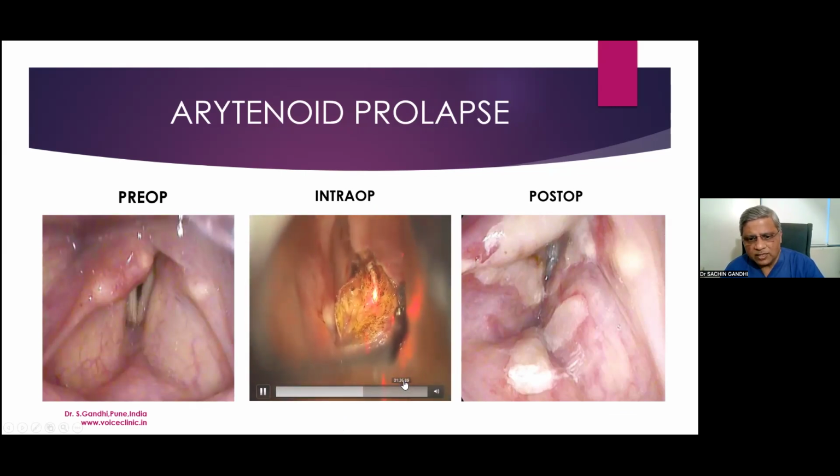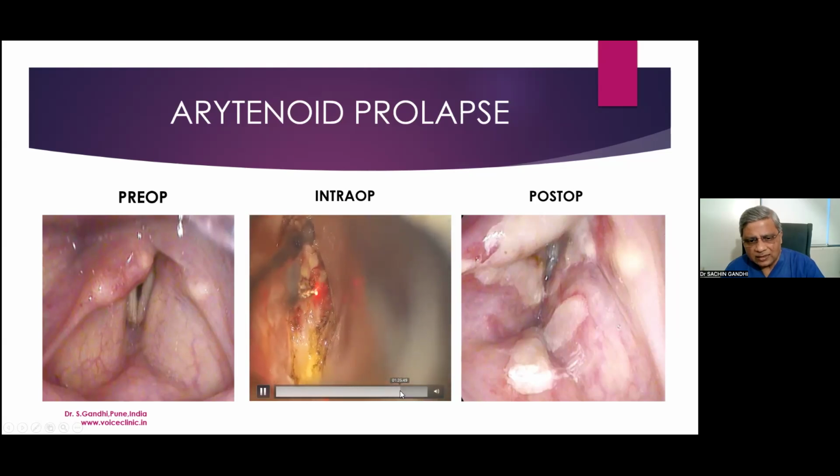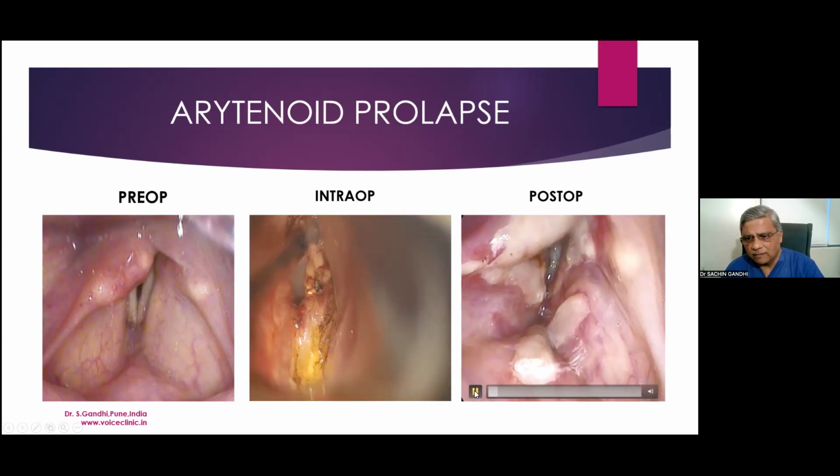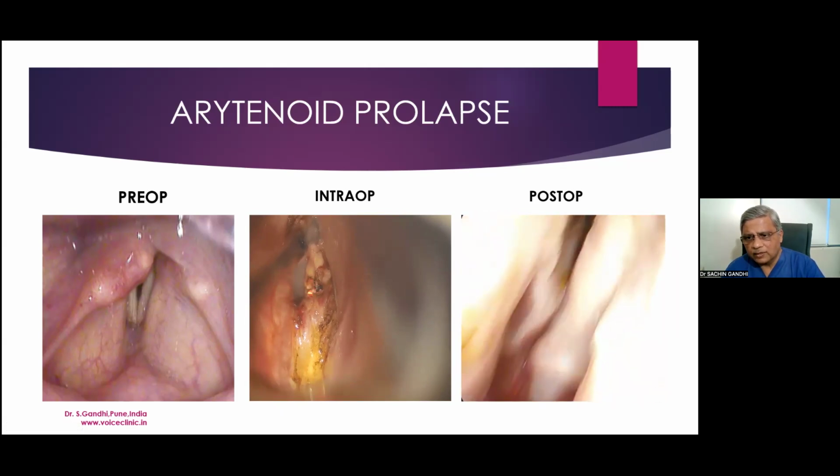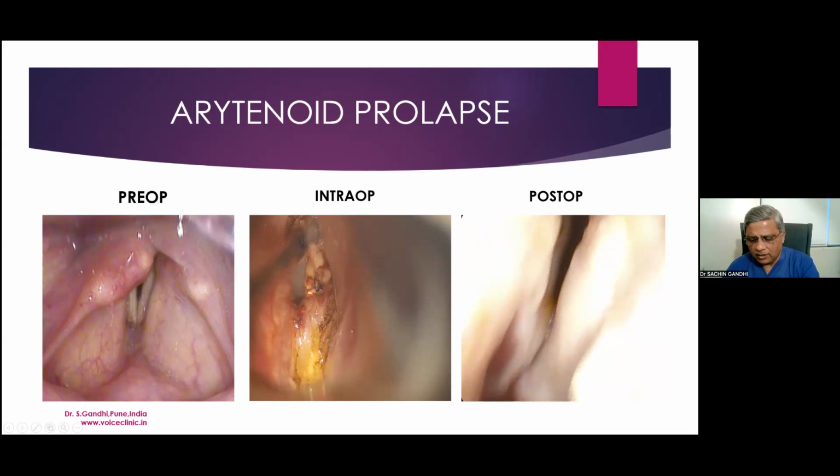Do arytenotomy, leave behind most of the vocal cord intact. And this is after the surgery, the immediate post-op. There is a good airway which is available.